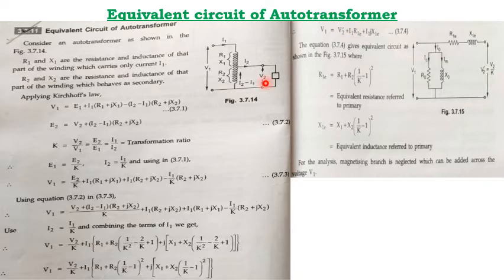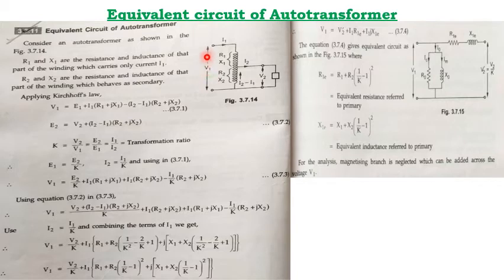So consider an auto transformer. This is the circuit representation of an auto transformer. You know an auto transformer consists of a single winding, where primary and secondary are common in a single winding. Here the applied voltage is V1.